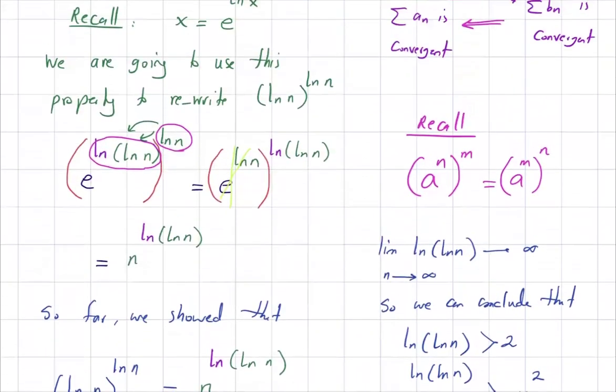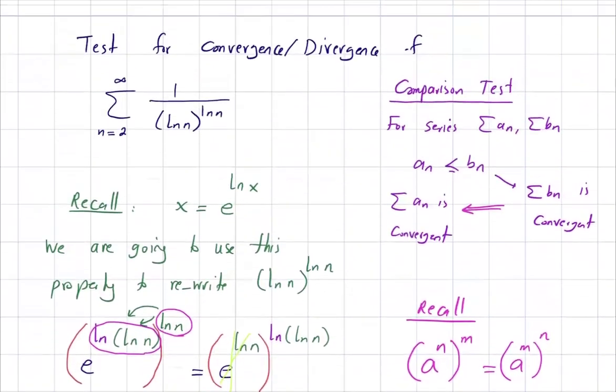Let's recap what we did. Here we have the summation of 1 divided by ln of n to power ln of n. We're using the property of e and ln. Since e and ln get canceled out, you can write x as e to power ln of x.